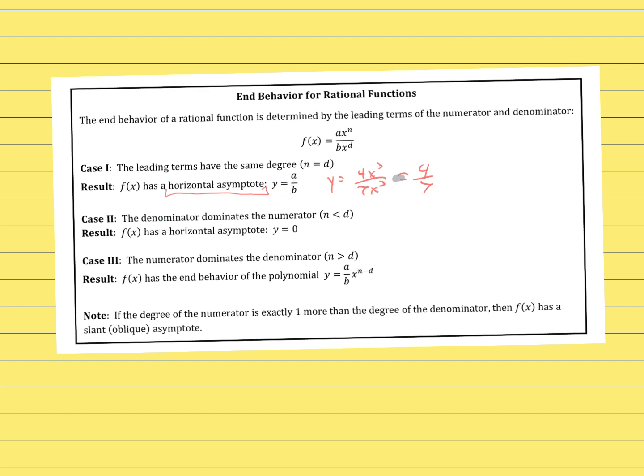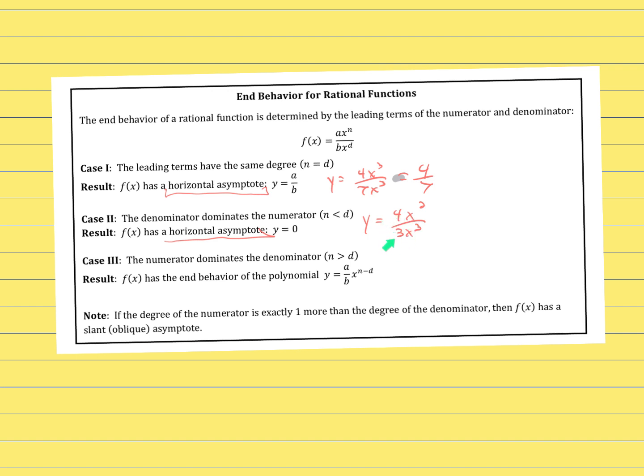For the second case, to find the horizontal asymptote, if my numerator degree is smaller than my denominator degree, or the denominator dominates the numerator, as it states here, the degree in the denominator is bigger than the degree in the numerator, your horizontal asymptote will be y equals 0. So here we have 4x to the second over 3x to the third.